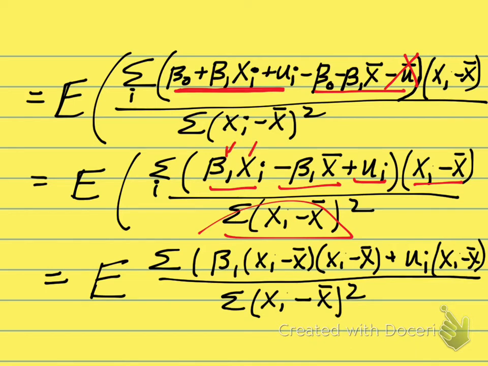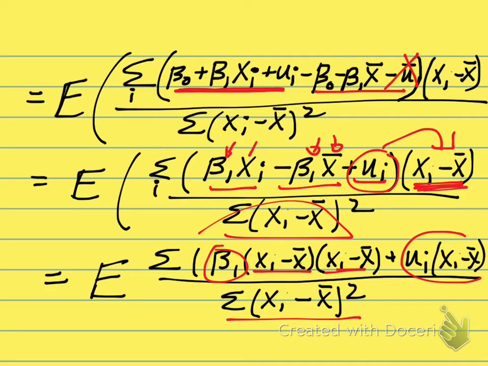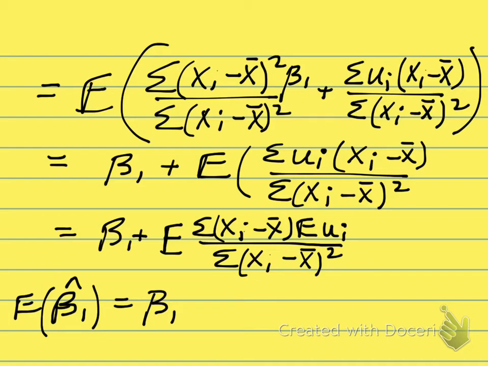I have beta 1 times xi and beta 1 times x bar, so I can have beta 1 times xi minus x bar, multiplied by the other x minus x bar, and then I can take the ui multiplied by the x minus x bar and end up with this term. And they're both being divided by the sum of squared deviations. Then I can take those two terms and separate them. You can go back and look and see what I've done. All I've done is separate out the terms.